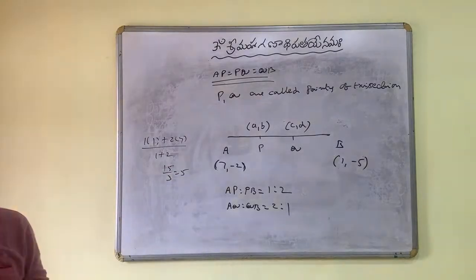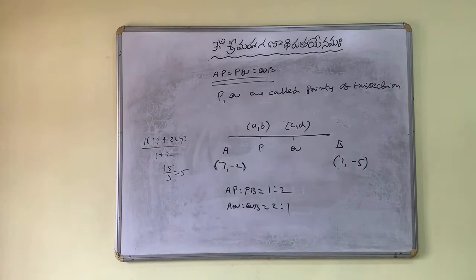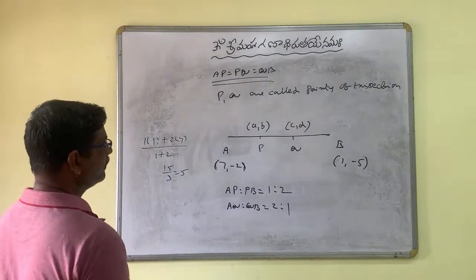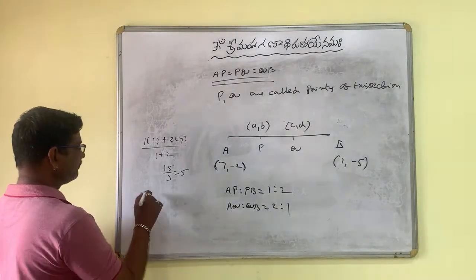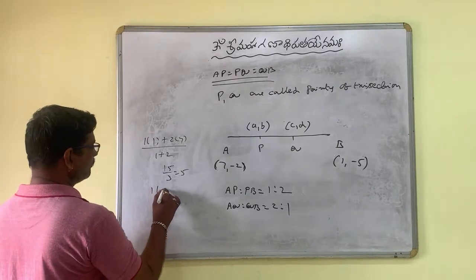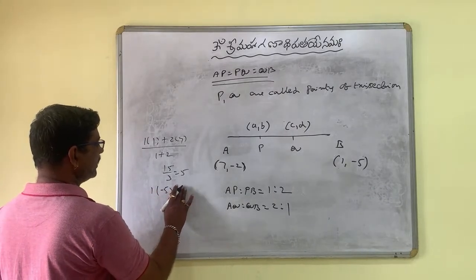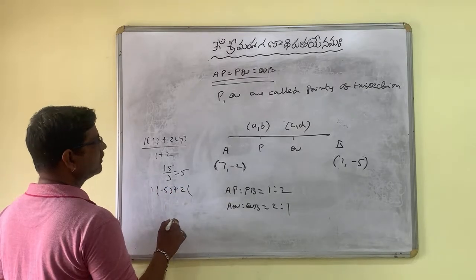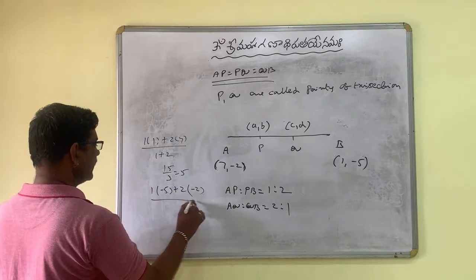A5 correct. m x2 plus n x1 by m plus n. y2, y1 by m plus n.